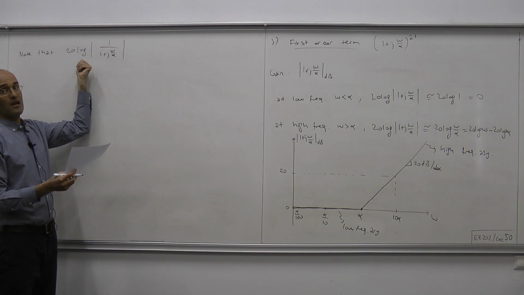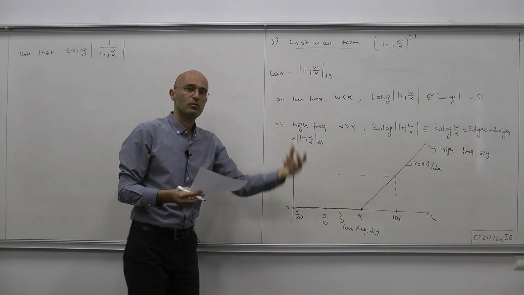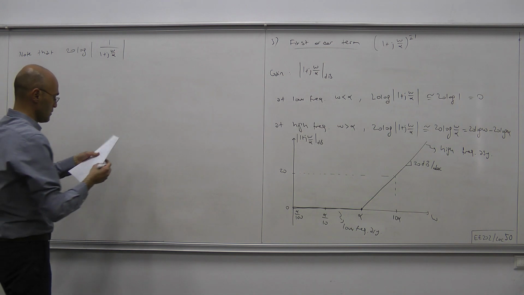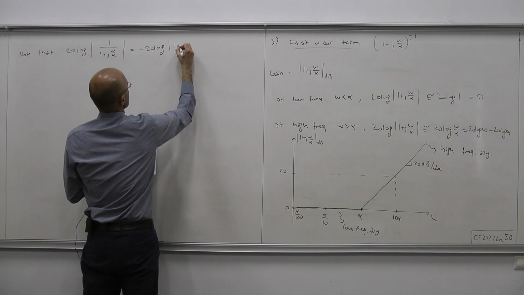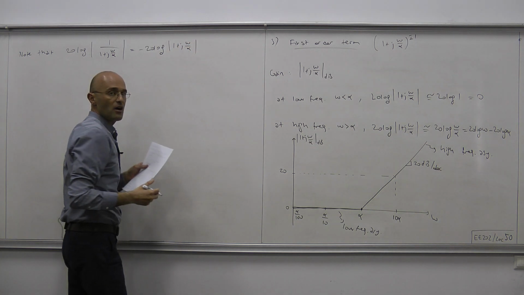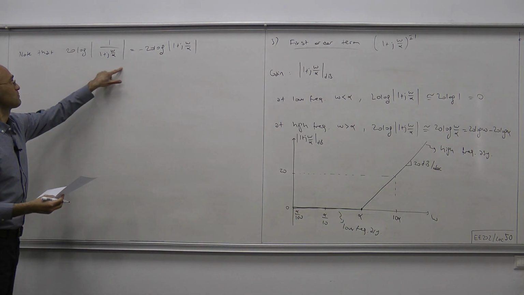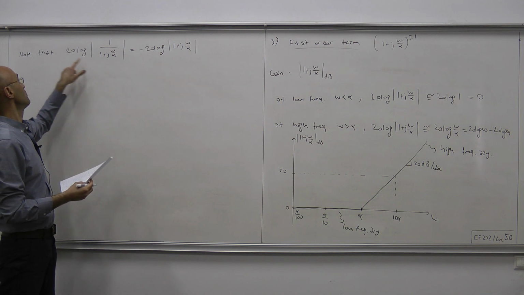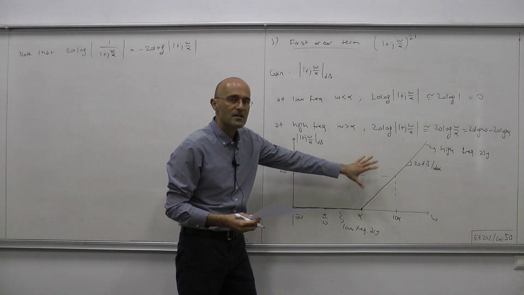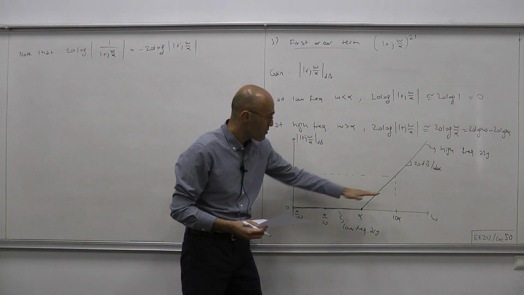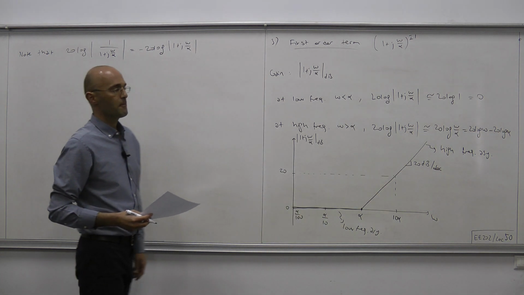But the nice thing about working with the log is that whatever this is, you simply multiply that by minus 1. So that equals minus 20 log 1 plus j omega over alpha. So as far as our sketch is concerned, if you want to obtain the plot for this term, all you have to do is take the reflection of the plot with respect to the horizontal axis, or just multiply everything by minus 1.